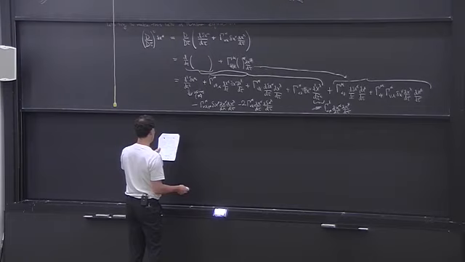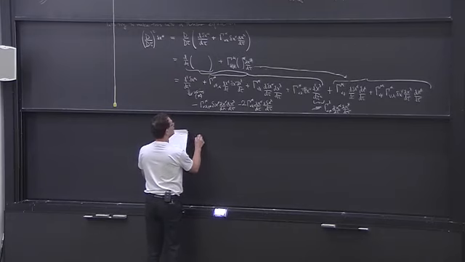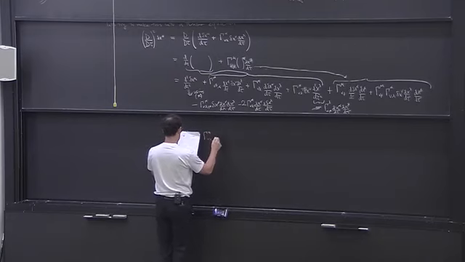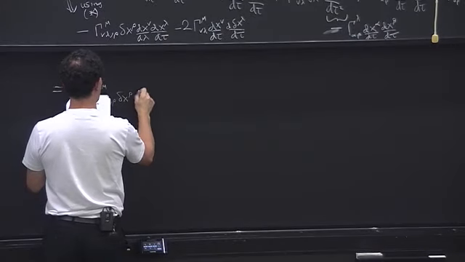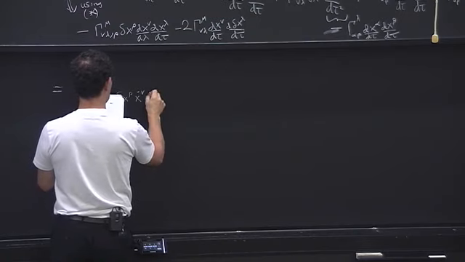So I can write this as minus gamma mu nu lambda comma rho of delta x rho. Let me do x dots just to save a bit of time. X dot nu, x dot lambda.